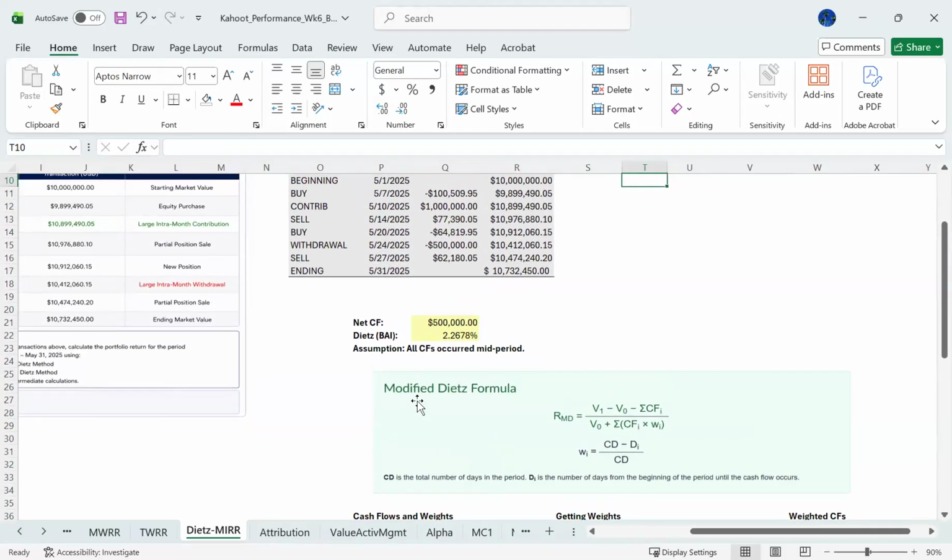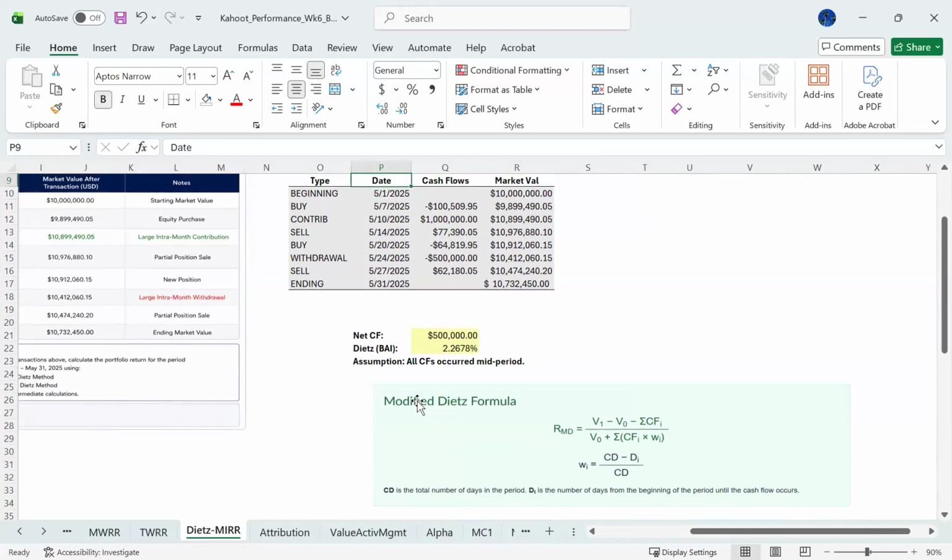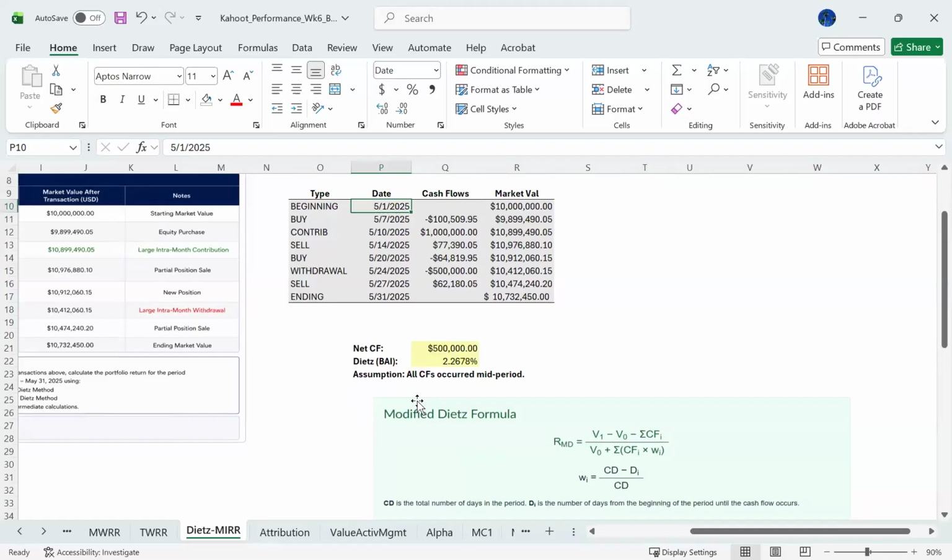Keep something in mind. This is by subtracting dates in Excel, and this is a comment I received. Actually, it's quite helpful to keep in mind. If we only do this, we're assuming that there are no trades on May 1st or on May 31st, one of the two. It's excluding either the first day or the last day.